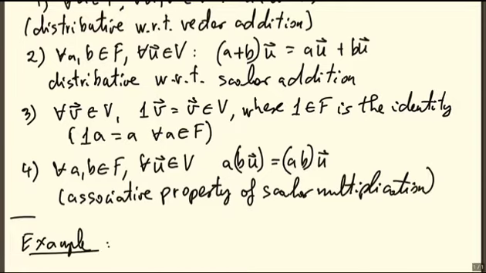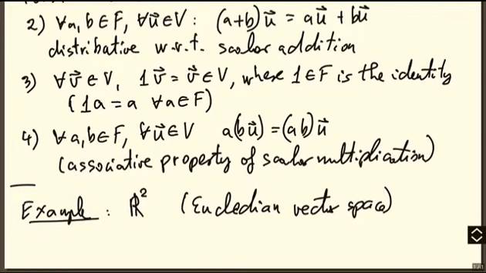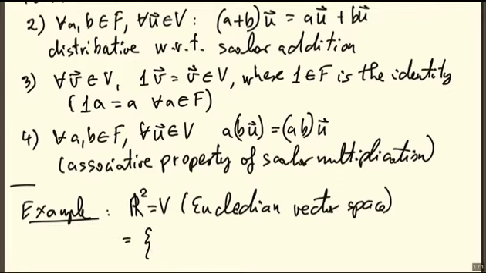First example, we will use this a lot. R2, which is the so-called Euclidean vector space. That will be the vector space V. So the way we can also write this down is that it's two vectors.